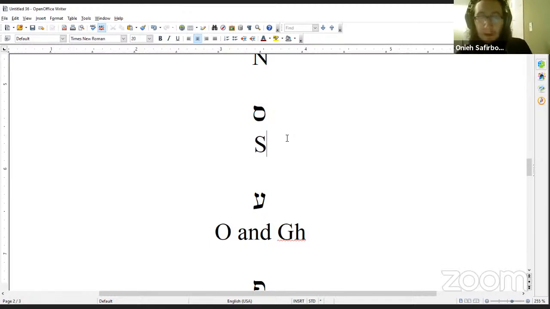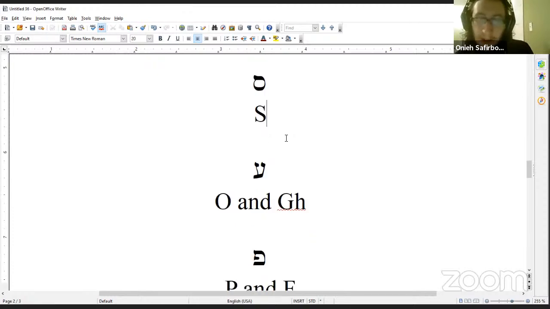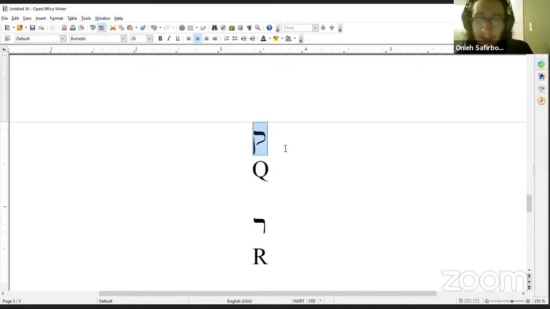Those kind of sounds. And Kof has the Q sound, like the English word barbecue, or the word cute. You're cute, like we use the letter C, but we say someone's cute. It's not coot, but cute, almost like a KY.